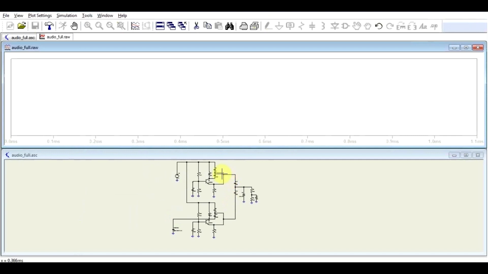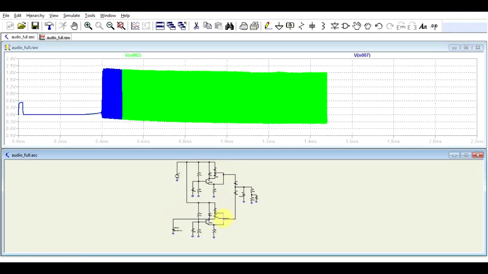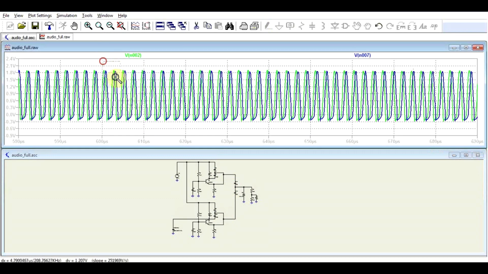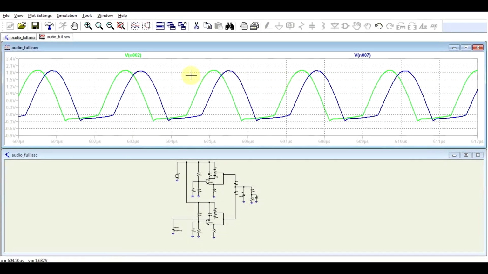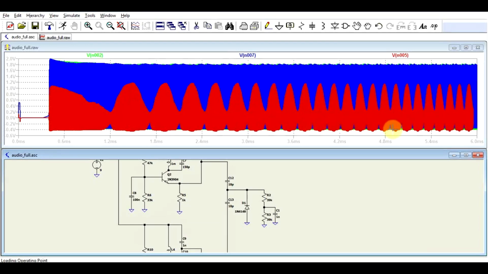Let's see this thing in action. So we have the two signals running at very high frequency but whose frequency is different nevertheless. We have the combined signal whose envelope frequency varies based on the difference of the two initial signals.